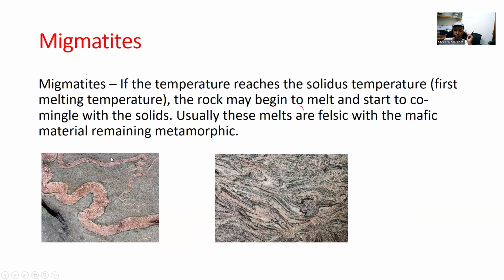And if you exceed the upper limit conditions, you are definitely causing the metamorphic rock to partially melt, and that mixture of a metamorphic rock and an igneous rock, sorry, will be what you call a migmatite.